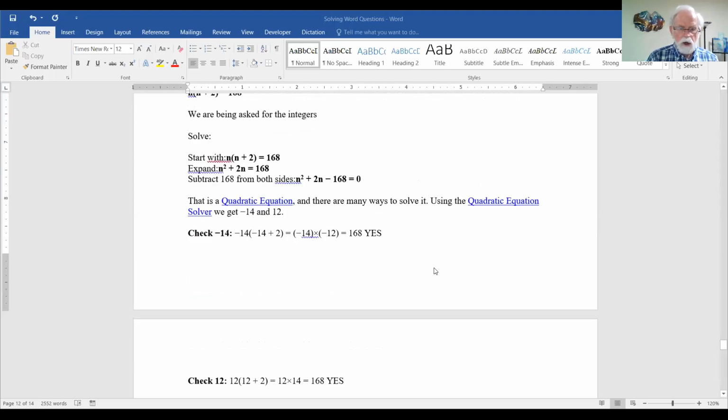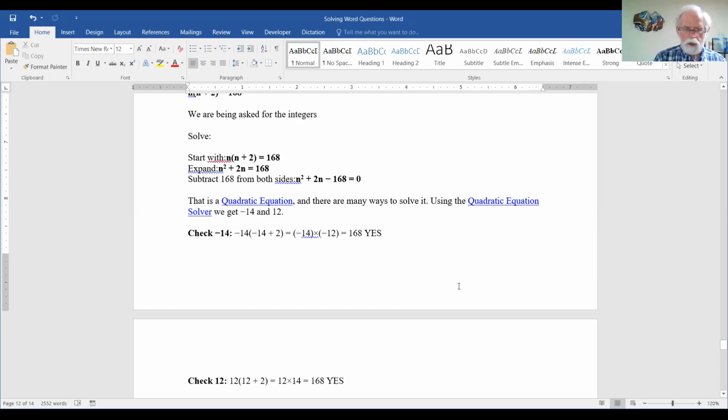Now, I won't go any further than that because we haven't gone into solving quadratic equations. You saw a formula that works pretty well, but there is a solver that you can use using this link, which I think you'll be able to link in there when I post this.